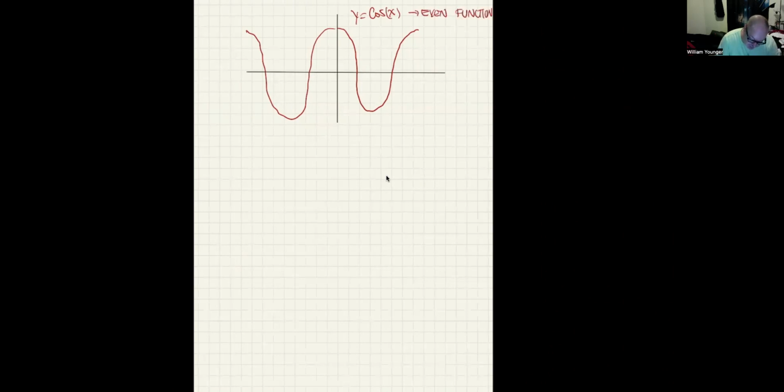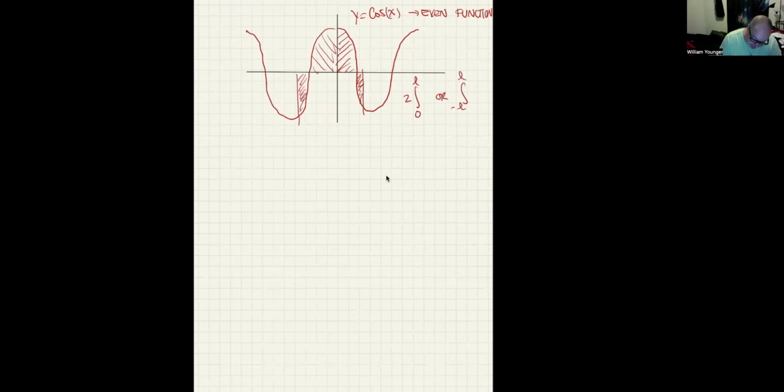If we integrate over a symmetric range, from here to here, you can see that this area is the same as this area, so you could just integrate from 0 to L and multiply it by 2, or you could do from -L to L.